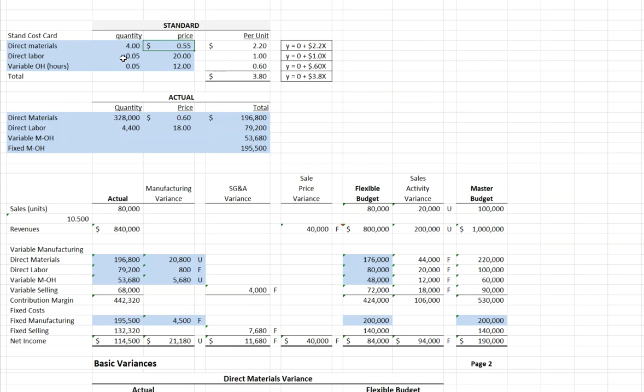Our direct labor standard is 0.2 hours at $20 per hour. Our variable manufacturing overhead is at $12 per hour. And then we'll make use of our actual quantities, our actual prices, and the totals. So we're going to make use of this standard and actual cost in calculating those variances.